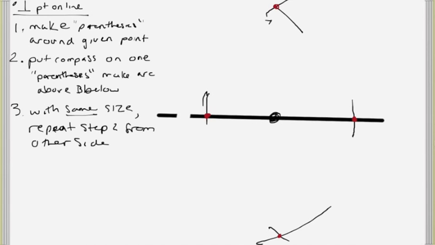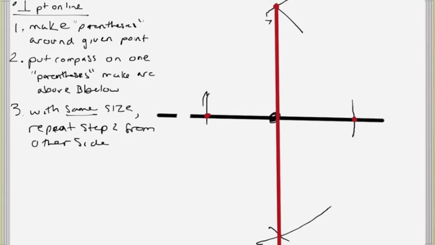We're going to make those points and connect down through. And when you connect those two X's, it should go right through the original given point as well. That's why I like to make marks above and below. You don't actually have to. Just making one of the marks would be good enough, because if you make just one, you could connect it with your given point and get a line.